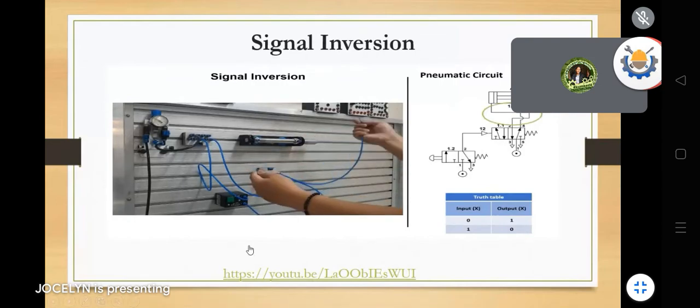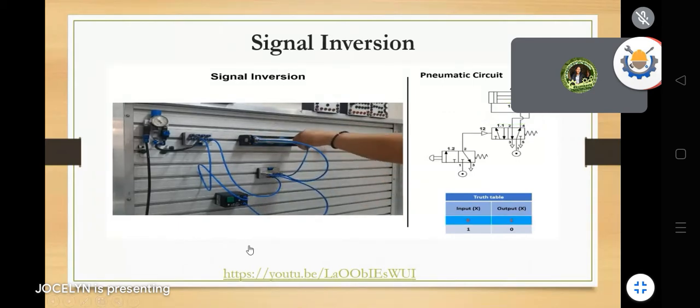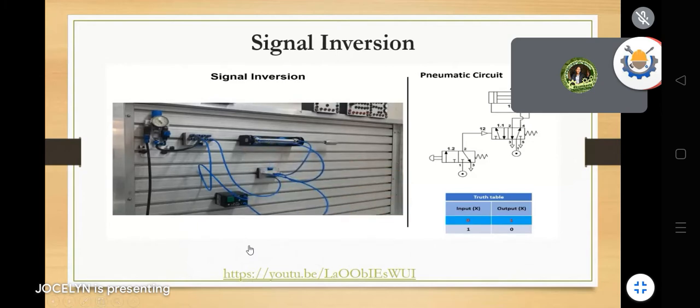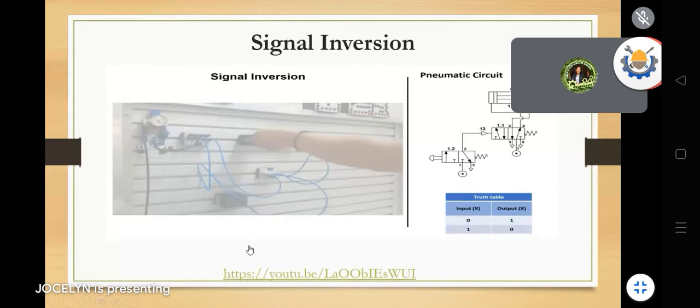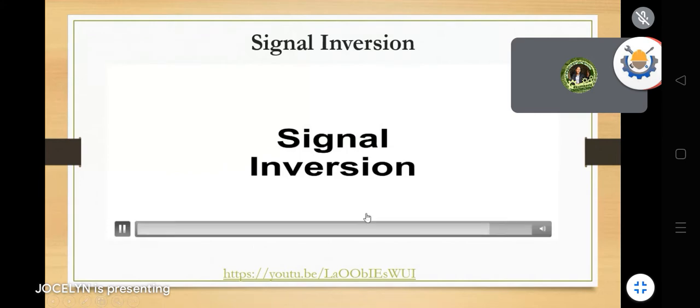So kana siya ganina sa ato ang indirect, so giharang bali. Okay? Gibalira niya ganina sa ato ang double acting cylinder using a indirect control. So see, kapag niya gi-off, naka-on na siya daan. So iyang i-push ang button is mo retract siya. Okay? So naka-extract na daan siya once the pressure is on. So that's for the signal inversion.